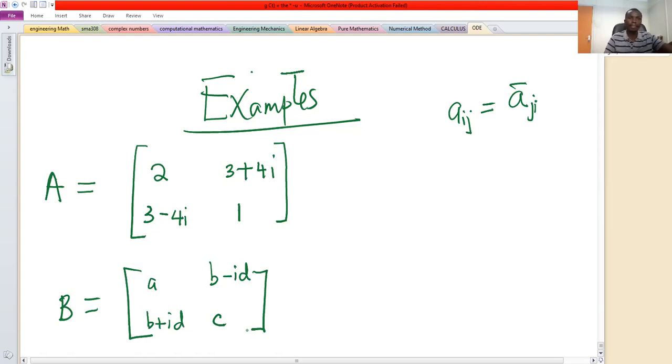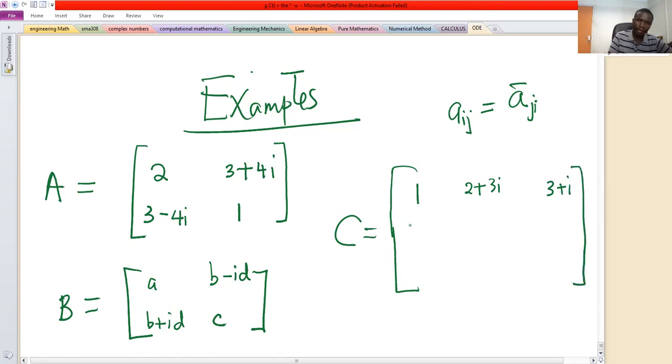Another example, C, is this matrix. I'll have 1, 2 plus 3i, 3 plus i, and then 2 minus 3i, and then 2, and here we have 1 minus 2i.